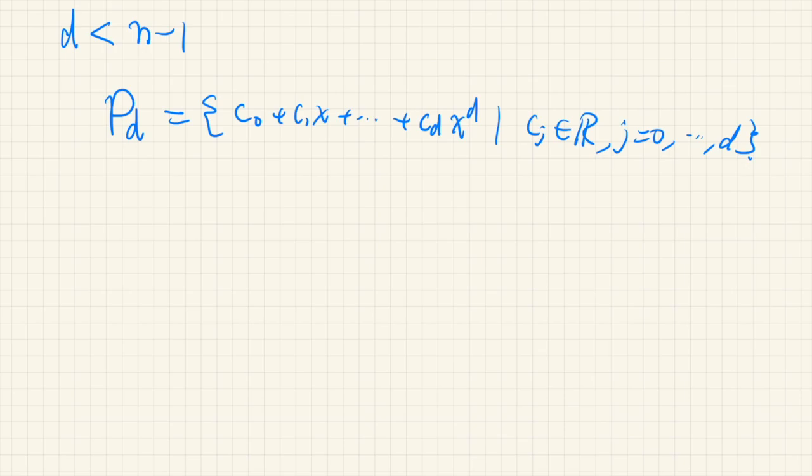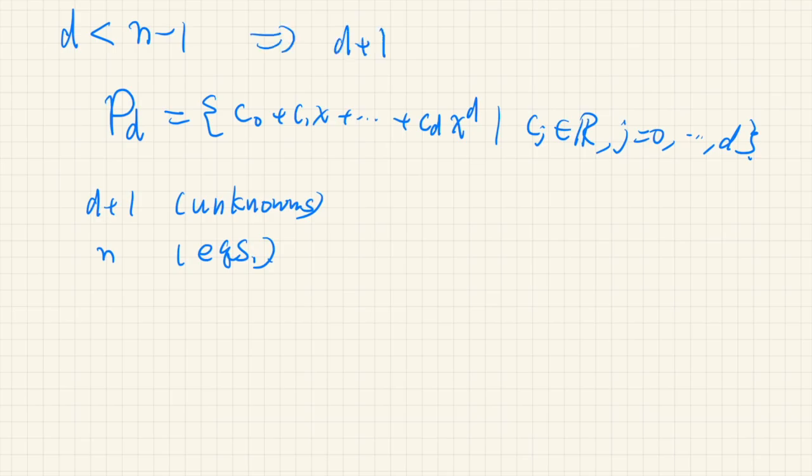So we have d plus 1 coefficients, so unknowns. And we have n data points, so we have n simultaneous equations. And we're assuming d is less than n minus 1, so that means d plus 1 is less than n. So we have more equations than the number of parameters.